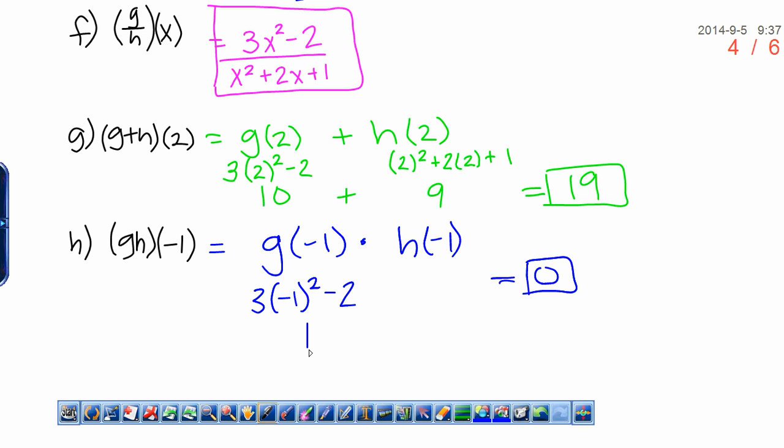Okay? H of negative 1 is negative 1 squared plus 2 times negative 1 plus 1. Negative 1 squared is 1. 2 times negative 1 is negative 2, so minus 2 plus 1. So we get negative 1 plus 1, which is 0. And then 1 times 0 is where we get that 0.